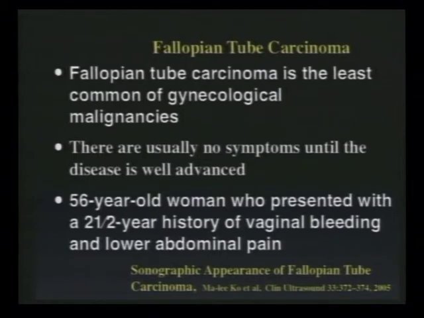What about fallopian tube carcinoma? This is the least common cause of gynecological malignancies. There are usually no symptoms until the disease is well advanced. Maliku et al. described a 50-year-old woman who presented with a 2.5-year history of vaginal bleeding and lower abdominal pain.